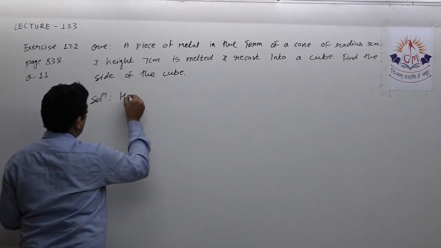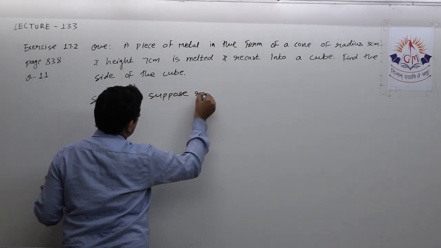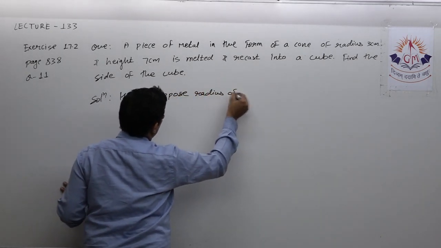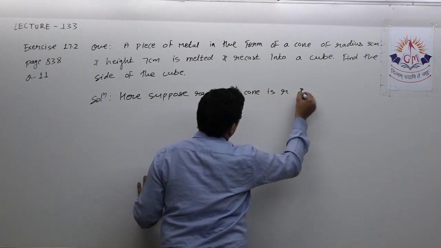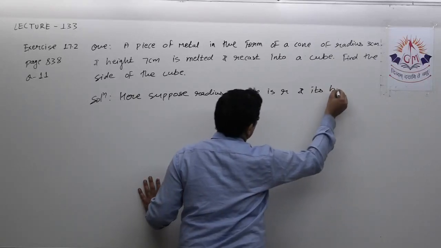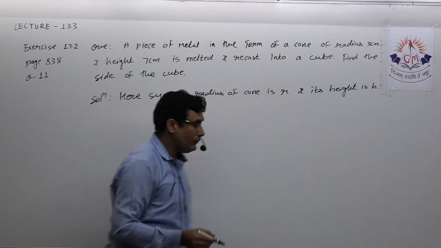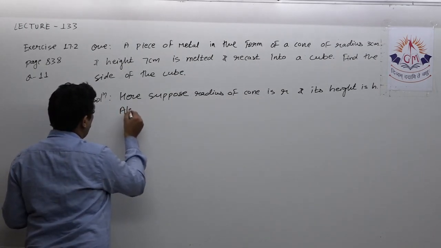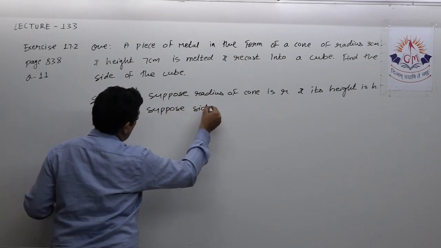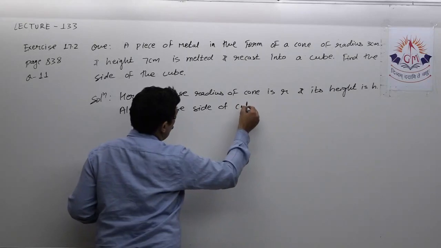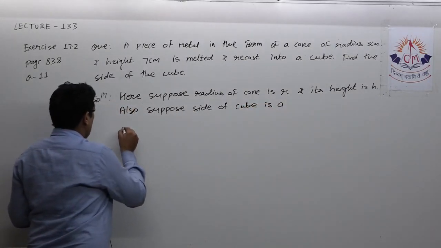So here, suppose radius of cone is r and its height is h. Also, suppose side of cube is a.